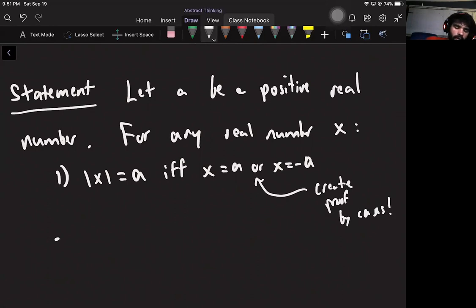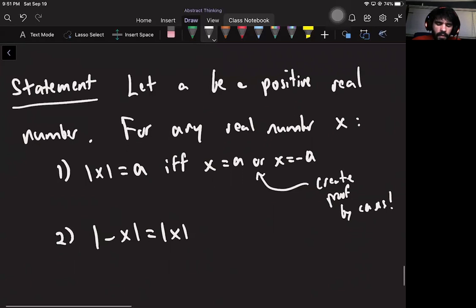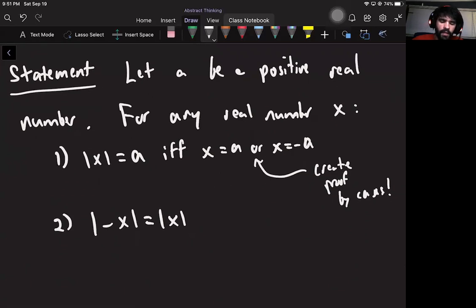And then the second property is that the absolute value of negative x will equal the absolute value of x. So these are properties that I hope you already find believable, but you've maybe never tried to prove them. They're a little bit tricky to prove without cases, so that's why we need cases. So let's think about them for a second before I go through the proof.